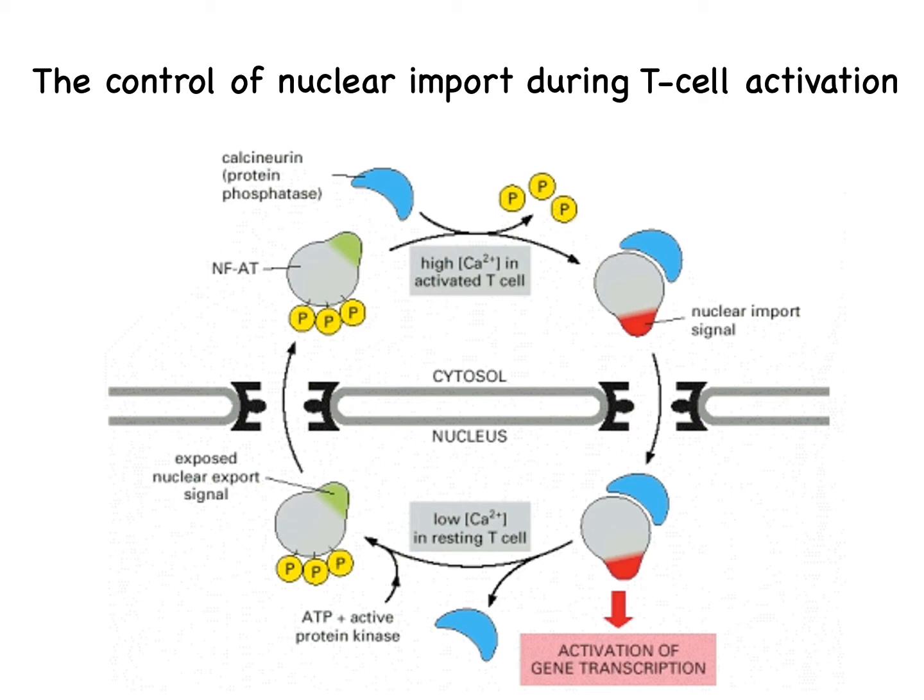So in this way, cells can regulate what goes in or out of the nucleus, and therefore regulate the transcription of different genes by sequestering these activating proteins outside of the nucleus in the cytosol when the cell doesn't want transcription of the target genes, and moving them into the nucleus in order to activate transcription.